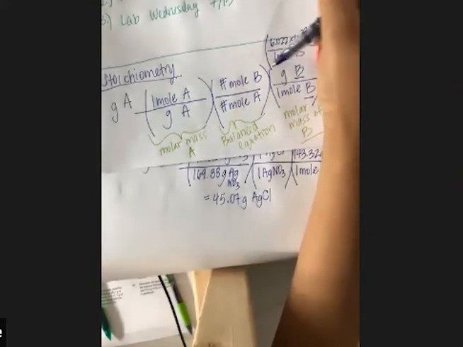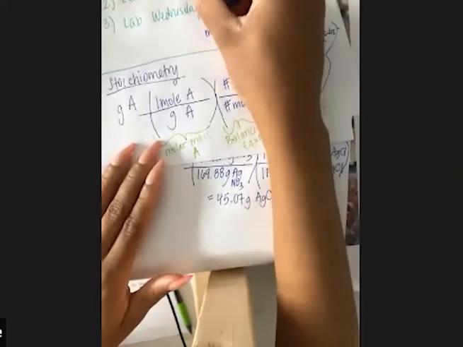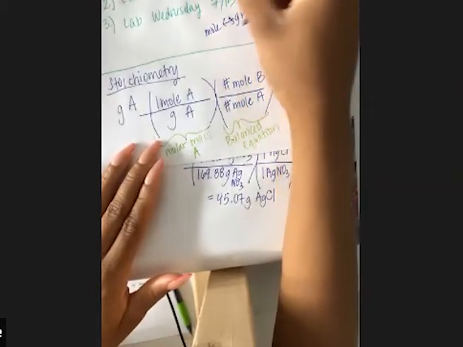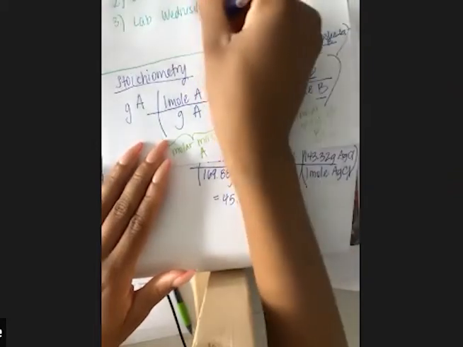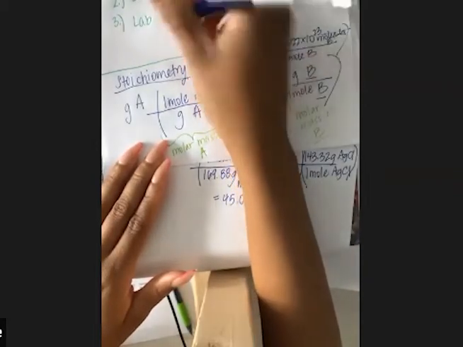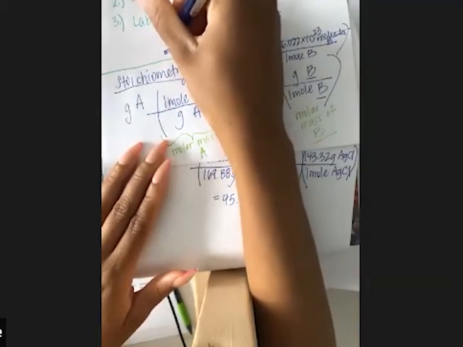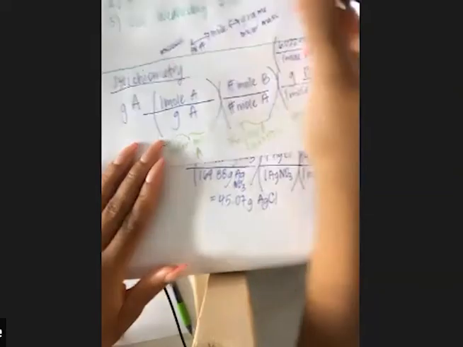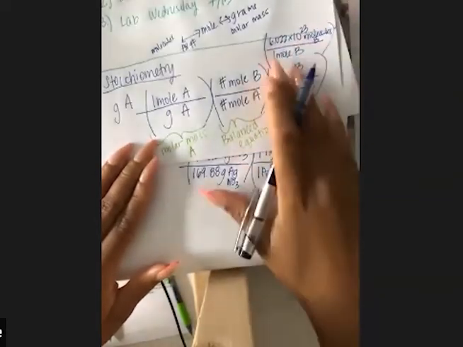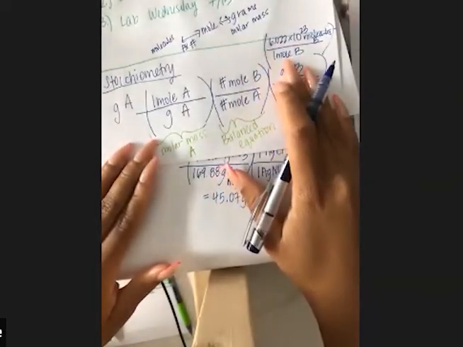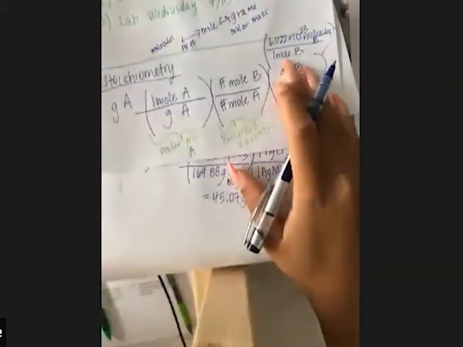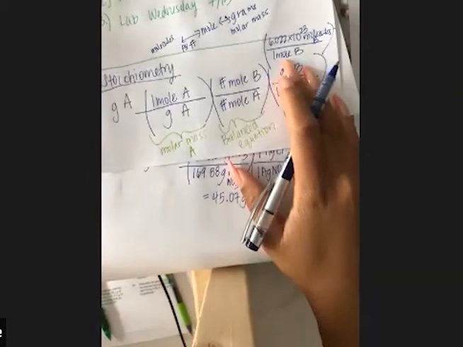If I'm going from moles back and forth to grams, we know to use the molar mass. But if I'm going from moles back and forth to molecules or any type of particle, I've got to use Avogadro's number. That's the only difference. You'd cross out this last step, and set everything else up the same way, except you'd use Avogadro's number for the last step versus the molar mass.